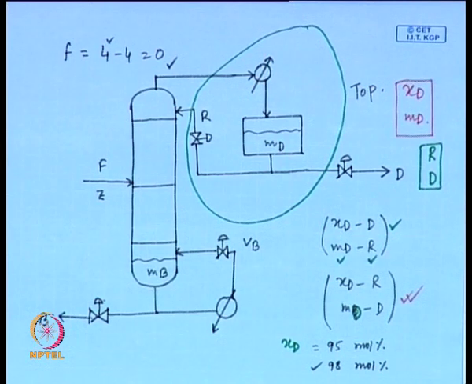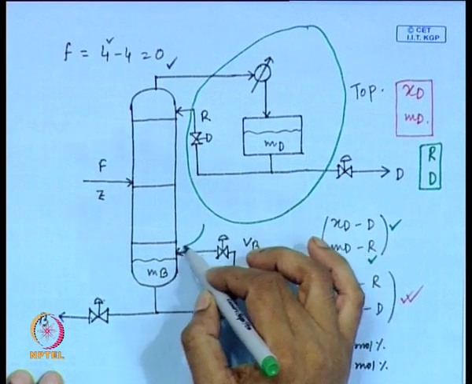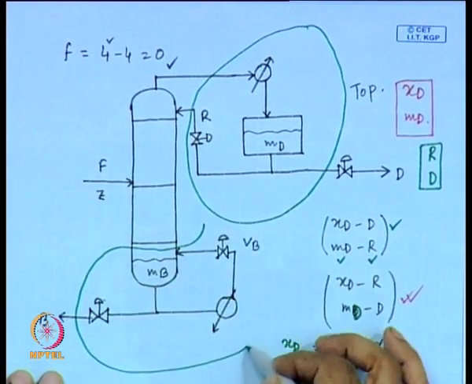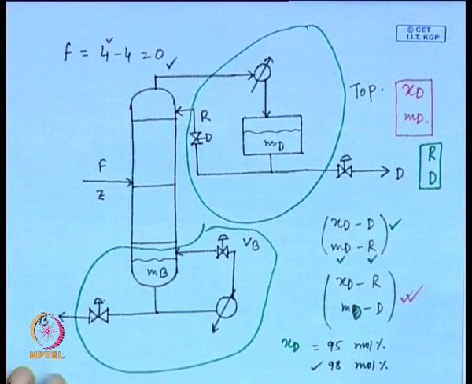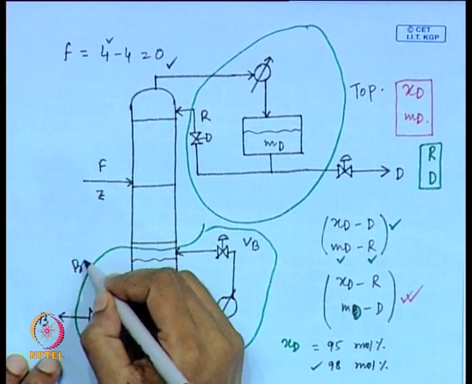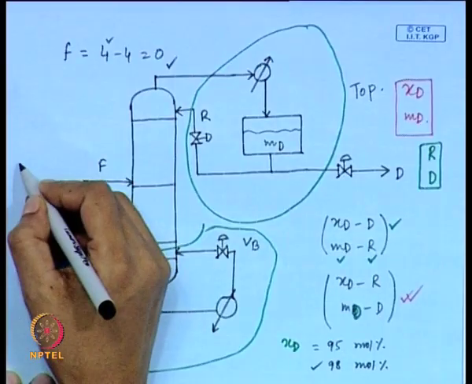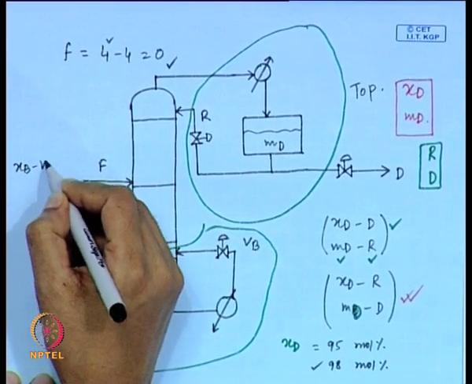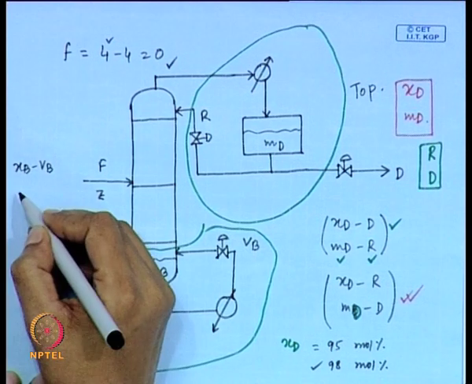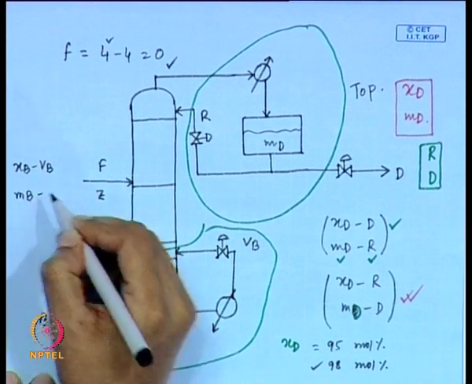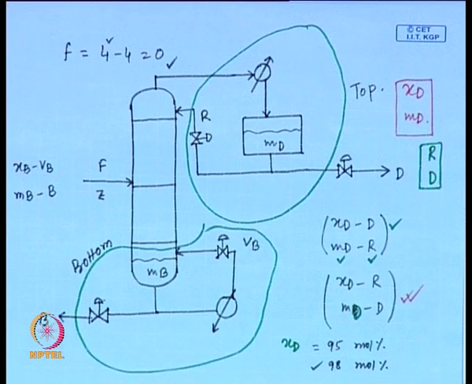In a similar way, for the bottom section, we choose x b versus v b and m b versus b.